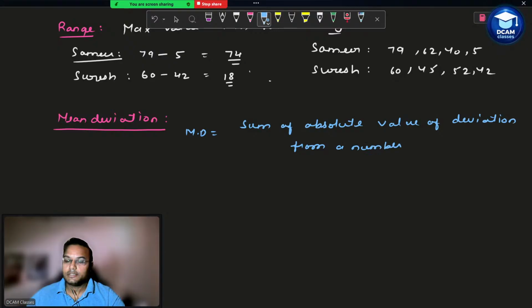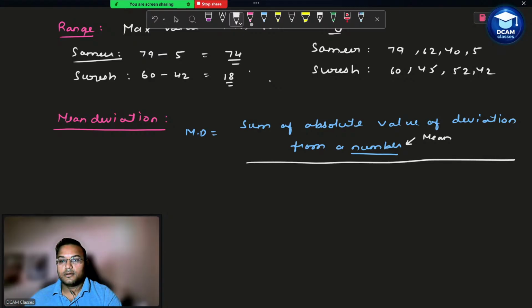Usually that number is the mean. It may be the mean or the median. If we are talking about the mean deviation, the number should be the mean. If we are talking about deviation from median, the number will be the median.